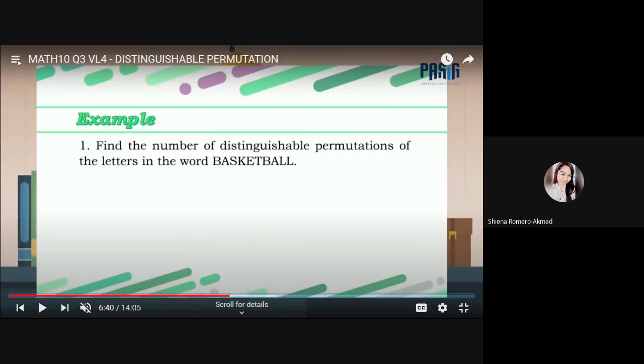Let us count the number of letters in the word basketball: 1, 2, 3, 4, 5, 6, 7, 8, 9, 10. So our N here is 10.